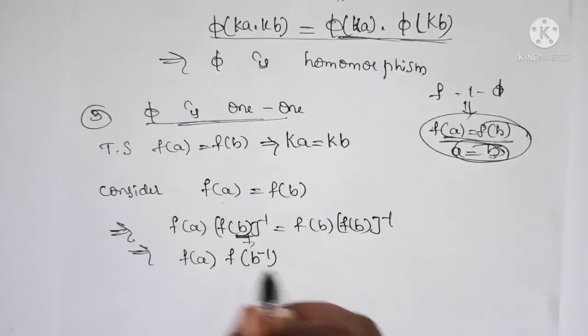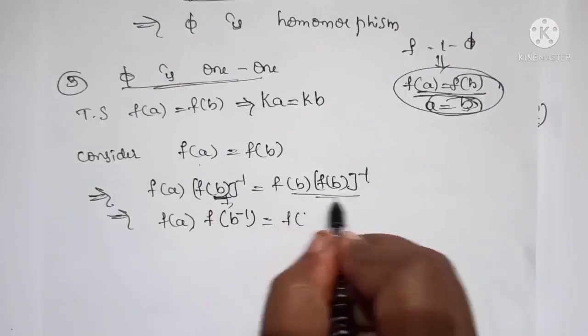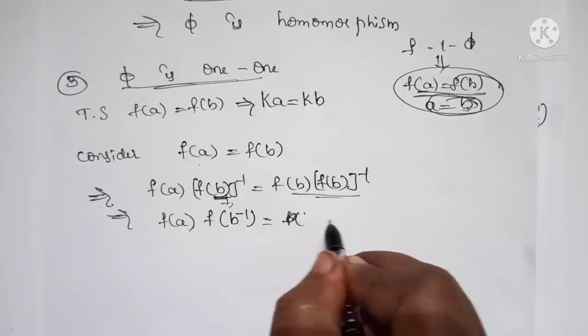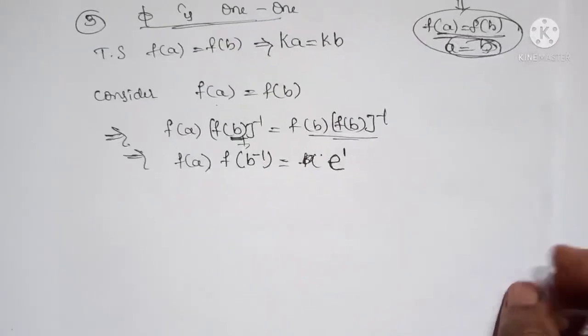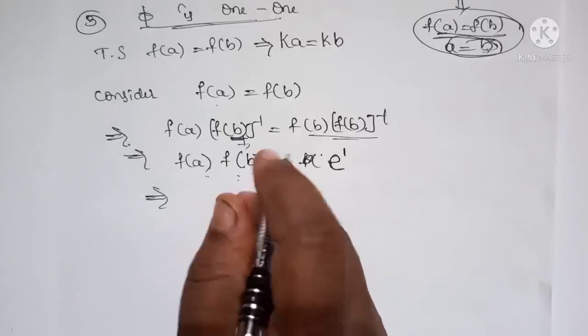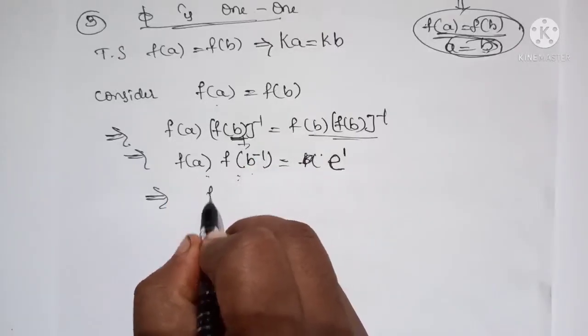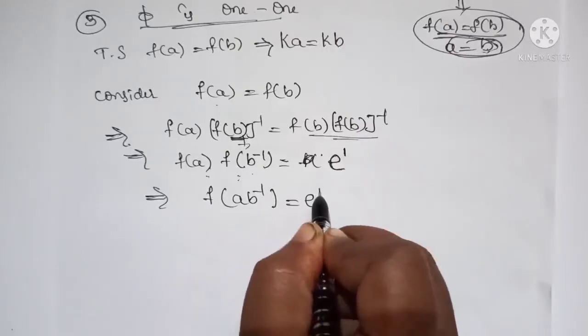Since f is a homomorphism, the right side equals the identity element of G dash, that is e dash. Now f of a into f of b inverse, by the homomorphism, can be written as f of a b inverse, equals e dash.